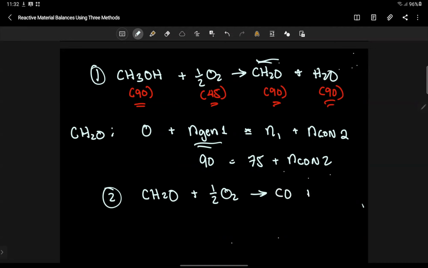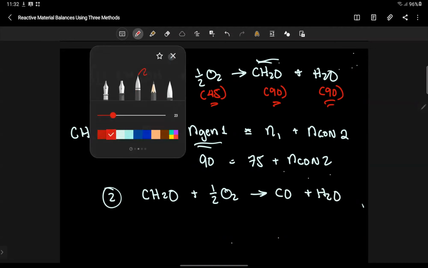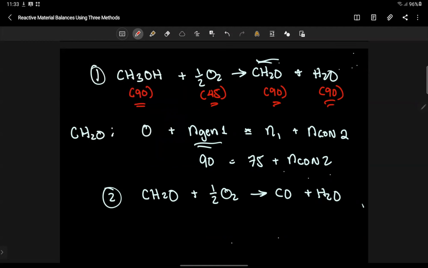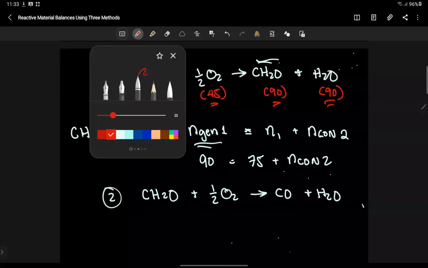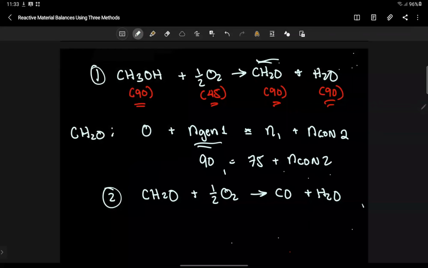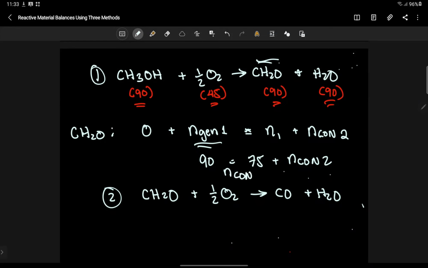Yes, and water. Now, na-compute natin kanina lang yung consumption 2 ni formaldehyde. Sorry, hindi pa pala natin nako-compute. Sulat natin. N consumed 2 therefore is, ilan yan? 15, tama ba? 15.